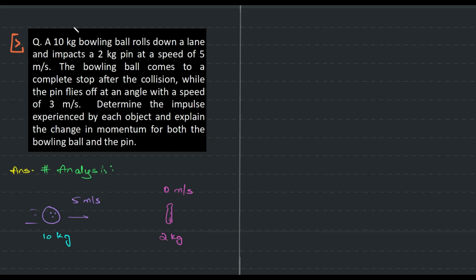Now, after hitting, the same set of diagrams. This is after hitting, and this guy goes flying.